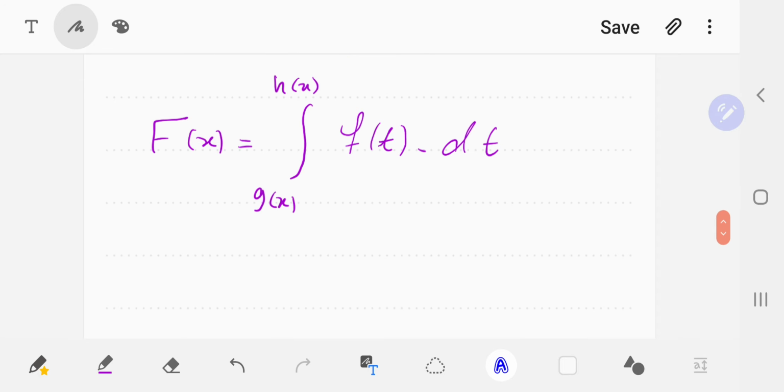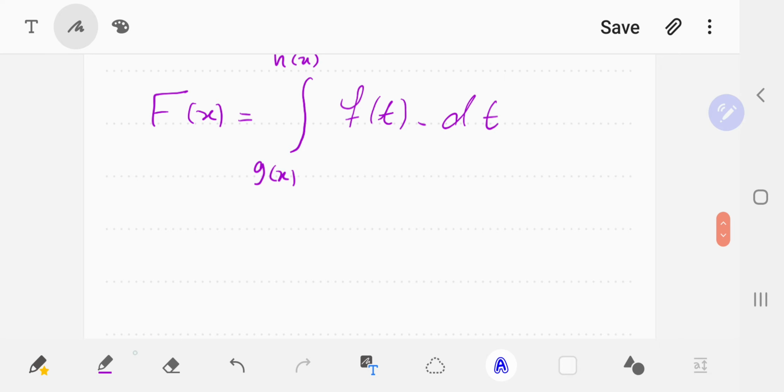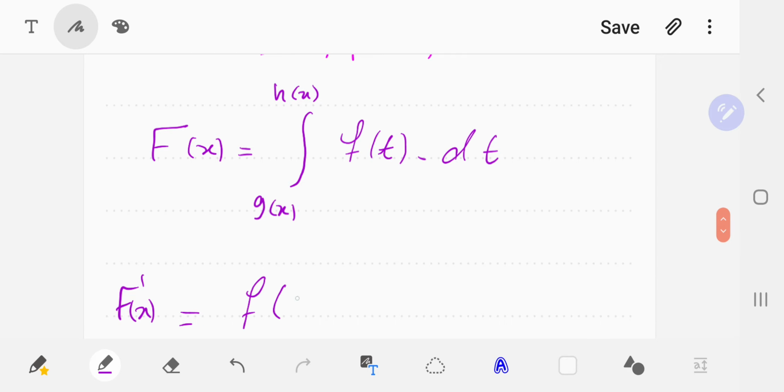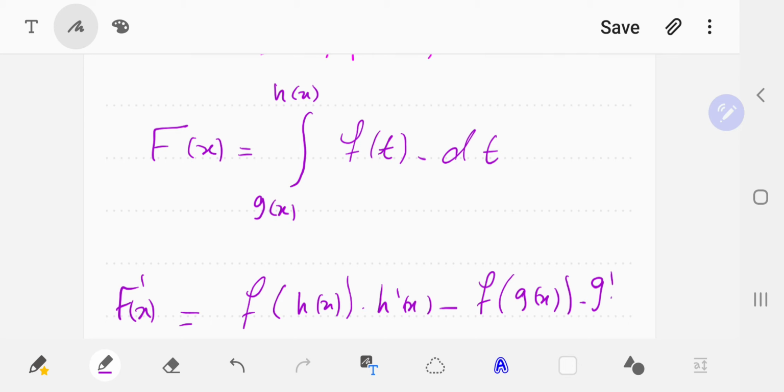What do we expect? Actually, what makes sense here is capital F prime of x would be equal to substitution of the upper function times its derivative minus the substitution of the bottom function times its derivative.